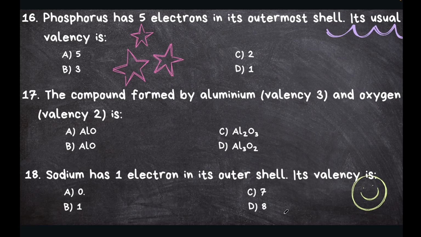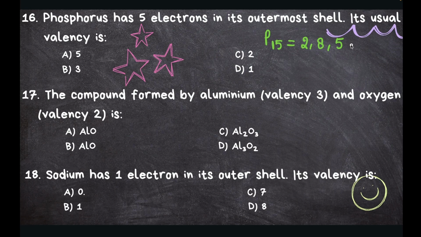Next question is, phosphorus has 5 electrons in its outermost shell. Its usual valency is... The symbol of phosphorus is P and its atomic number is 15. Its electronic configuration will be 2, 8, 5. Like nitrogen, phosphorus can share 3 or all 5 valence electrons.